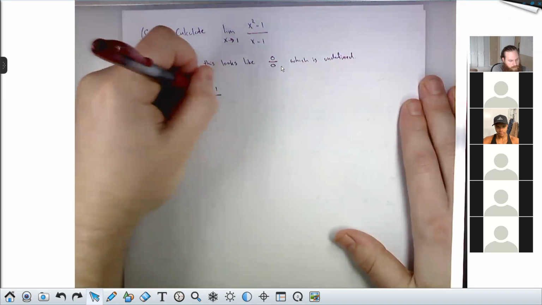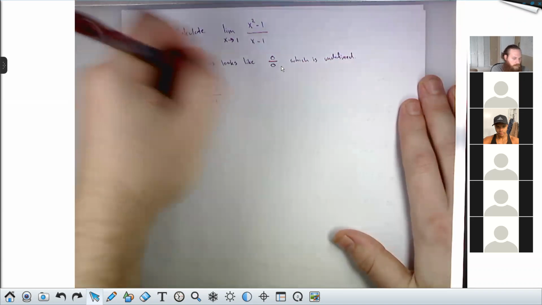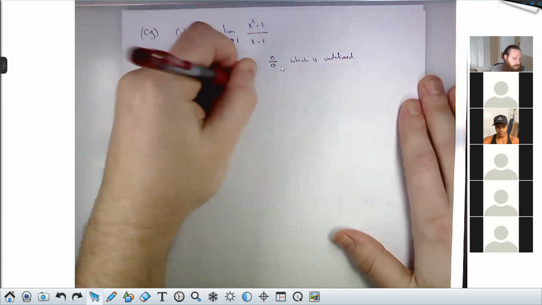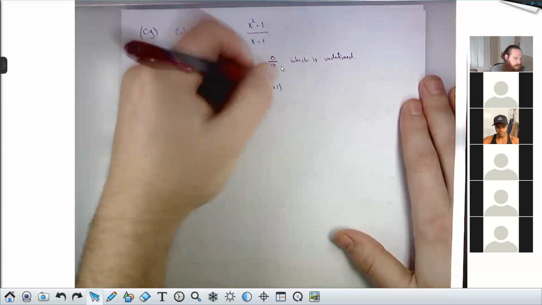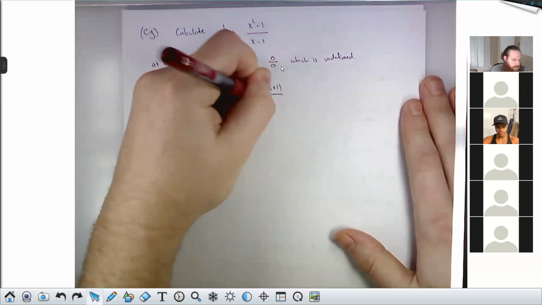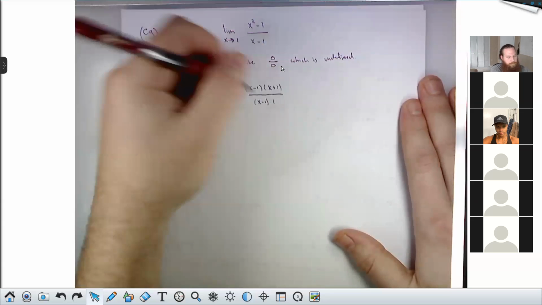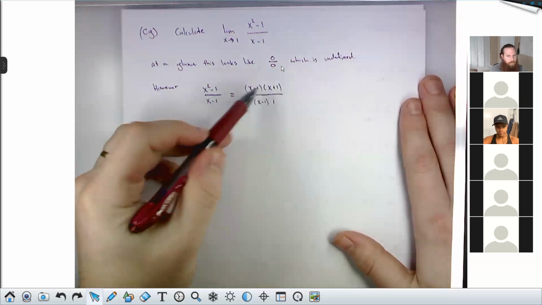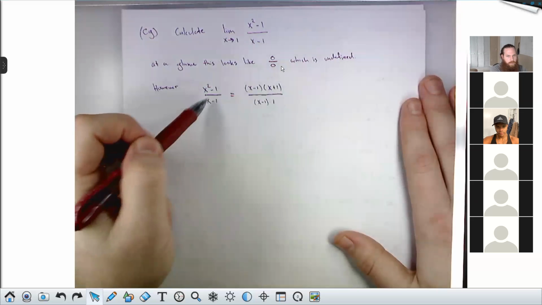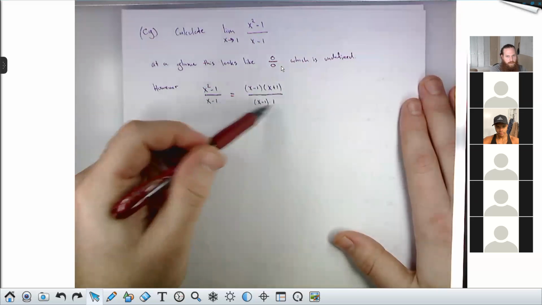x squared minus 1 over x minus 1 can be rewritten as x minus 1 times x plus 1 all over x minus 1 times 1. You see what I did here? I factored the top, and then I recognized the bottom as just parentheses x minus 1 times 1.